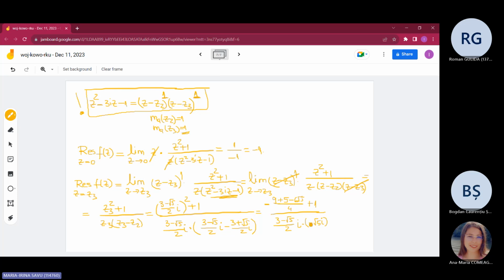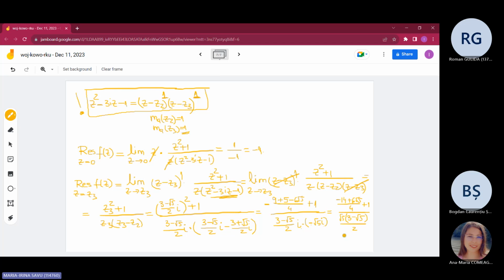But this minus with this one and this one give plus, and yeah, (minus 40 plus 6 square root of 5) over 4 plus 1 over 3 square root of 5 times square root of 5 over.